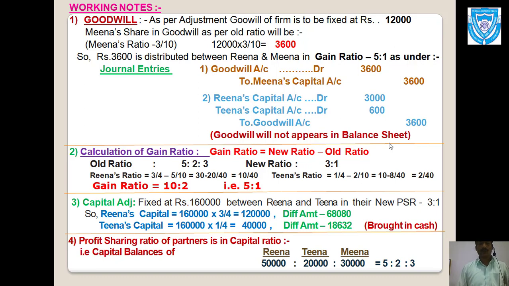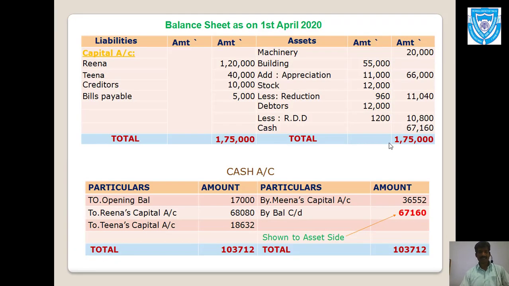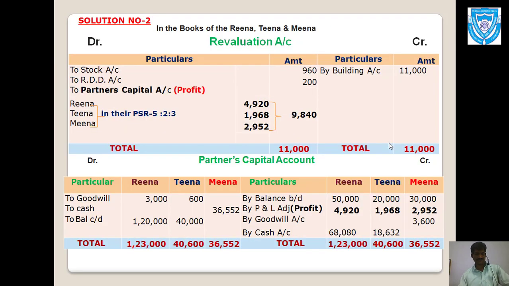You can see Reena's capital account debit 3,000, Tina's capital account debit 600, and to goodwill account 3,600. You can see in capital account here. First, it is credited to Meena's account by goodwill account rupees 3,600.